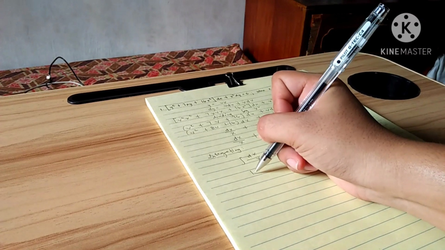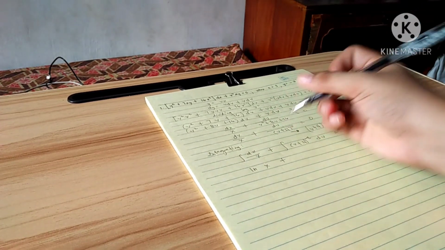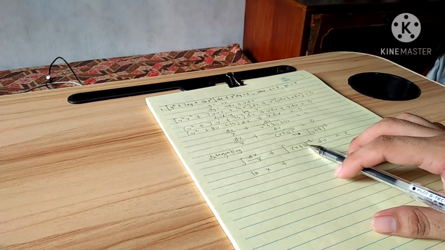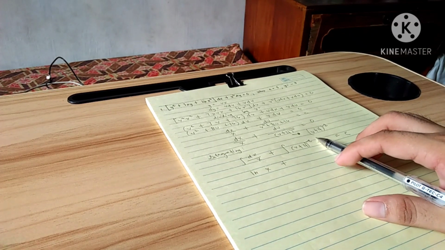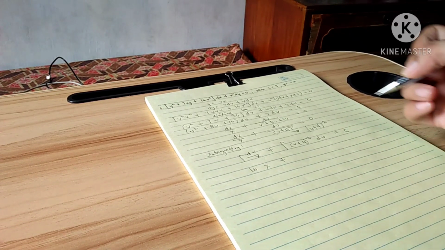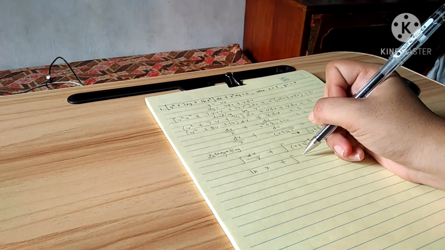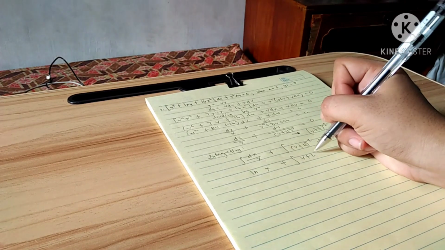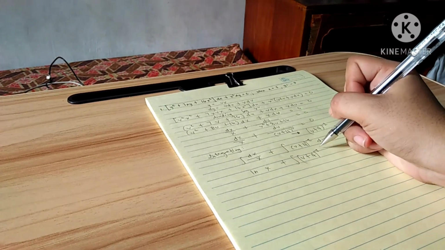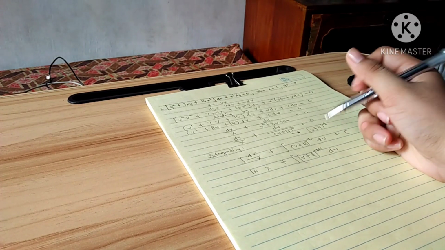This one will be ln x plus, ito, kapag nag-integrate tayo ng ganito, di ba, nagpa-plus 1 tayo sa exponent. So, the integral of v plus 4 negative 2 plus 1 dv.